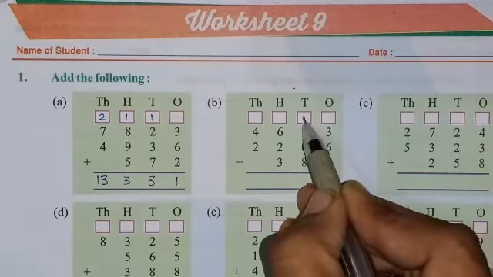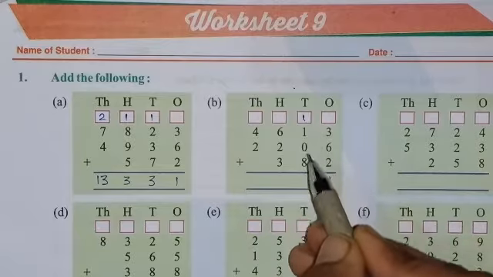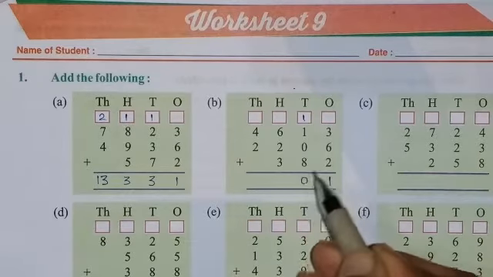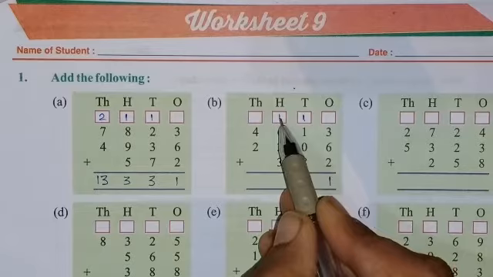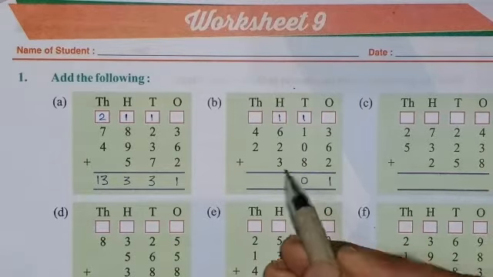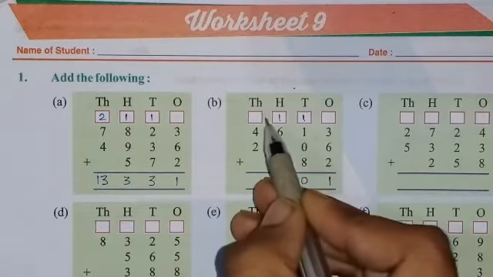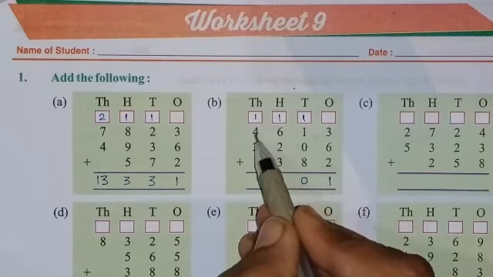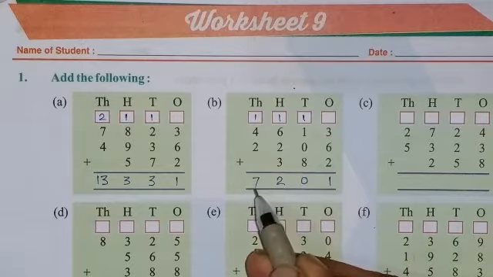See the next, 3 and 6, 9, 9 and 2, 11. 1 carry over 1. 1 and 1, 2, 2 and 8, 10, 0, carry over 1, 1 and 6, 7, 7 and 2, 9, 9 and 3, 12, so 2 and 1 is carry, 1 and 4, 5, 5 and 2, 7, answer.